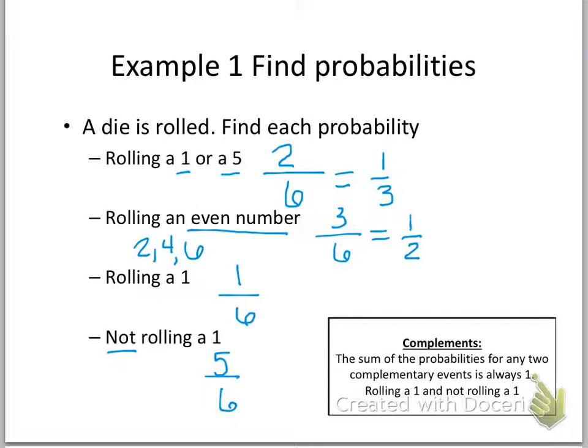Okay, something to take into consideration here. These two pieces are called complements. The sum of the probabilities for any 2 complementary events is always 1. So the probability of doing something and the probability of not doing something should add up to 1.